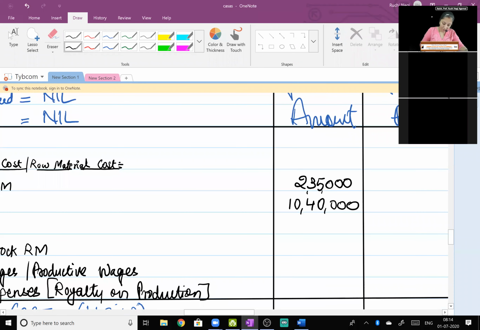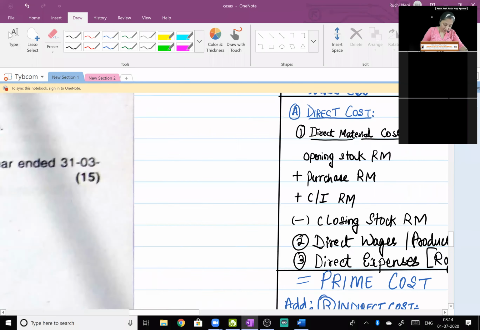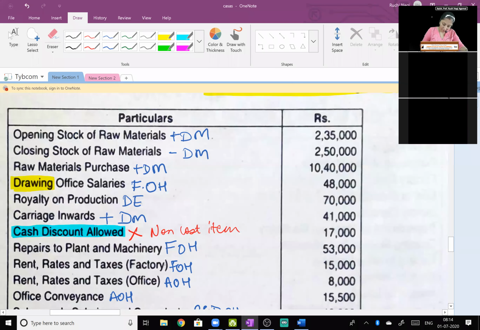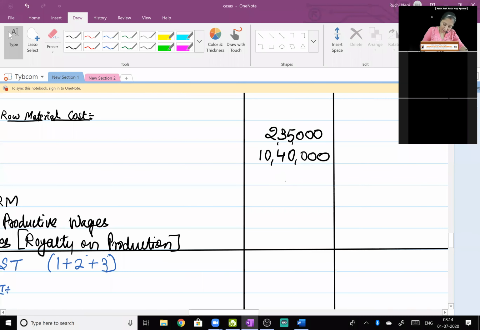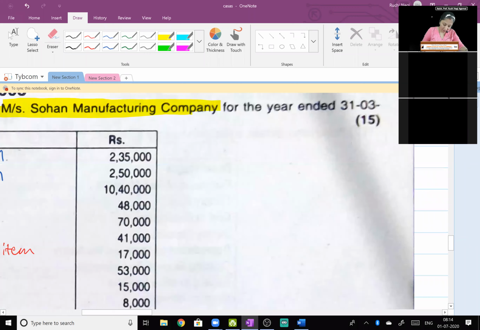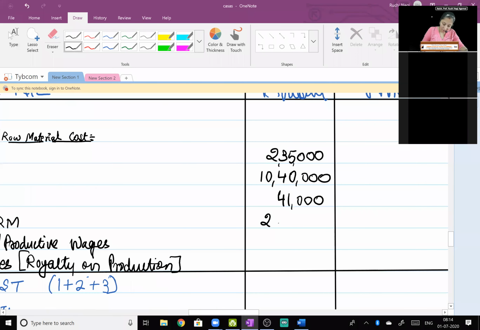Next, add carriage inward, 41,000. So right here, 41,000. Next, less closing stock of raw material, 2,50,000. Right here, 2,50,000.